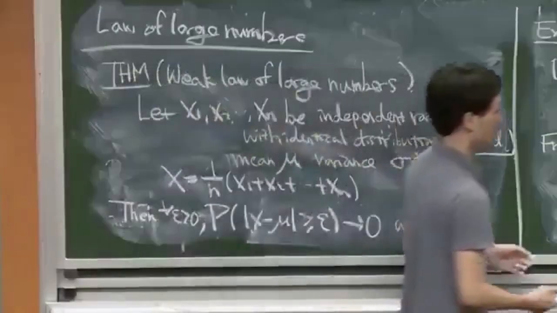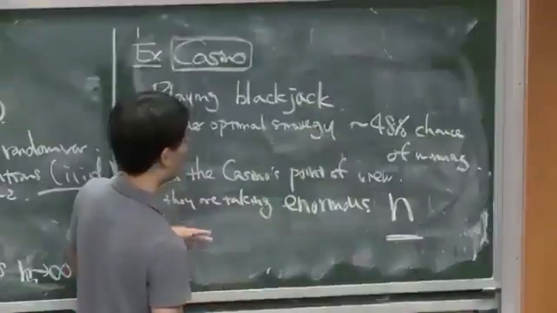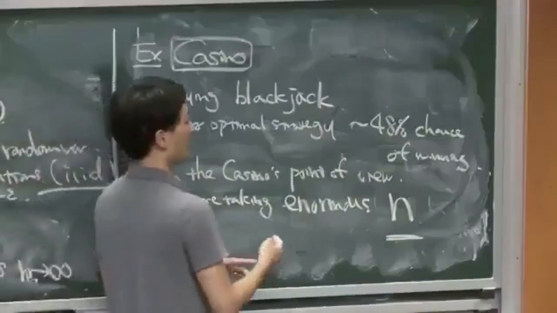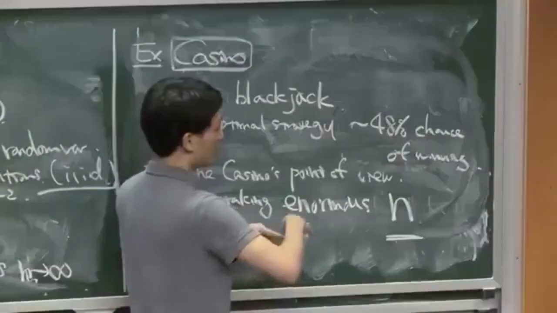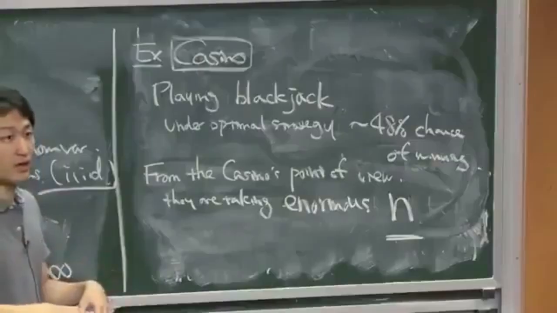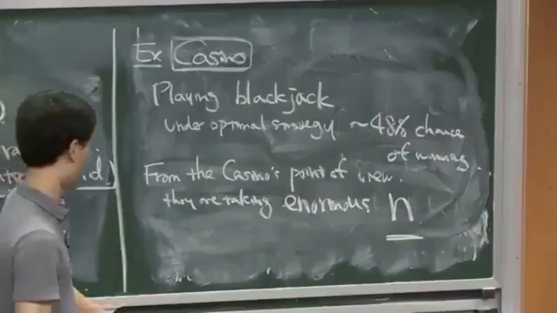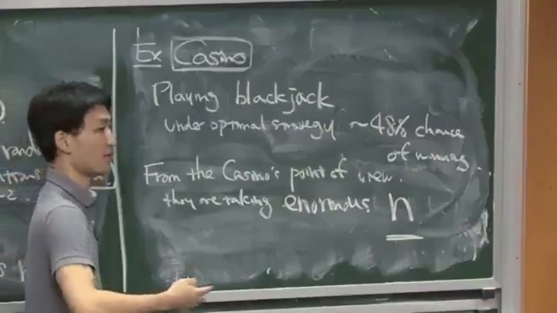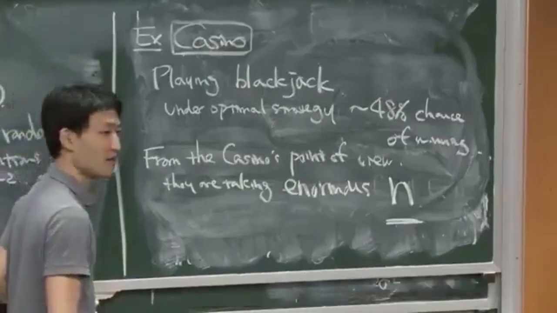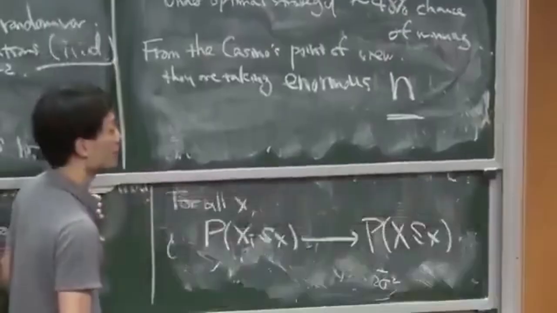And most games played in casinos are designed like this. It looks like the mean is really close to 50%, but it's hidden because they designed it so the variance is big. But from the casino's point of view, they have enough players to play the game so that the law of large numbers just makes them money.